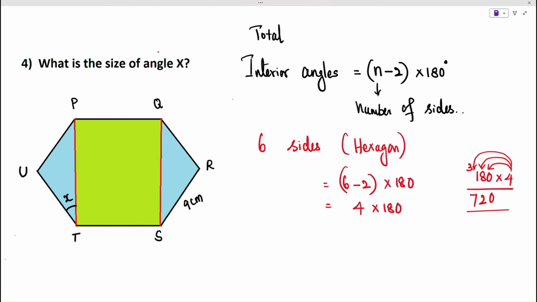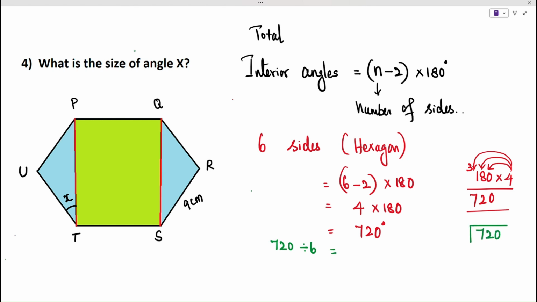So the total of the interior angles in a hexagon is 720 degrees. Now, we are told that this hexagon is a regular hexagon. As I said before, all the angles will have the same size. There are 6 internal angles in a hexagon, so we can divide 720 by 6.